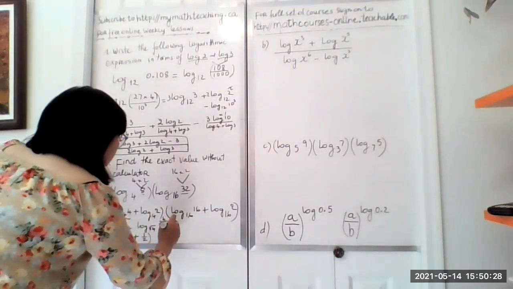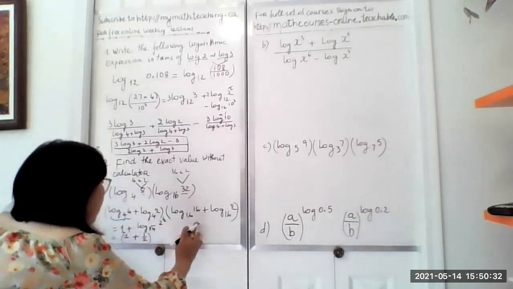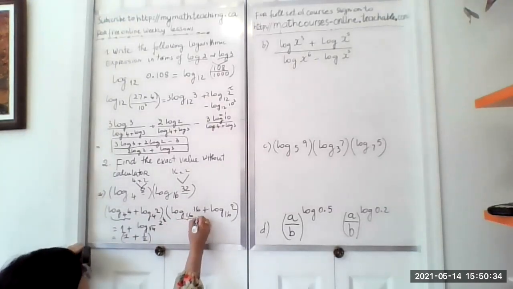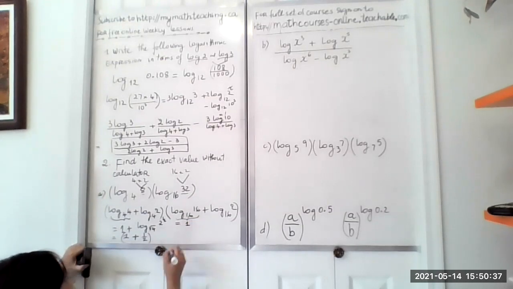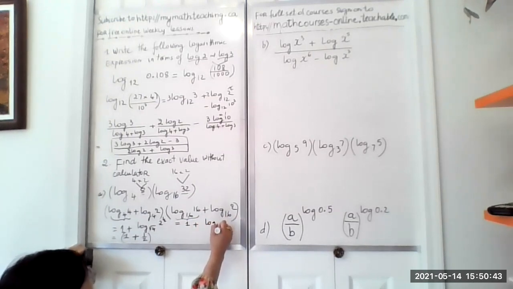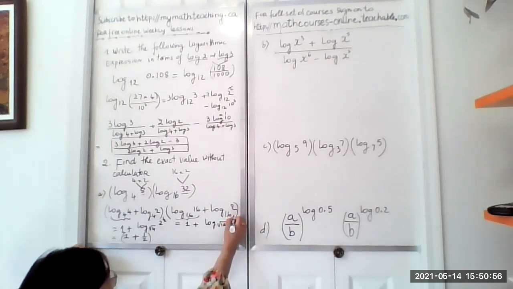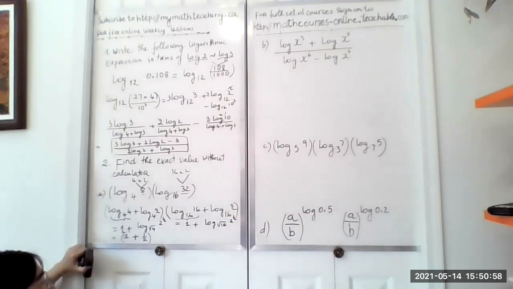Now we're going to do the same for the second bracket, right? So for the second bracket, log 16 of 16 equals 1. This number equals 1. Now for this one, I'm going to convert this, so the base becomes the square root of 16, and therefore I can rewrite this as the square root of 2 as well, which is the same as 2 to the 1/2 on the top.